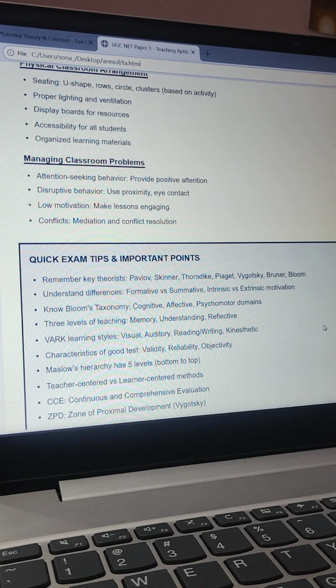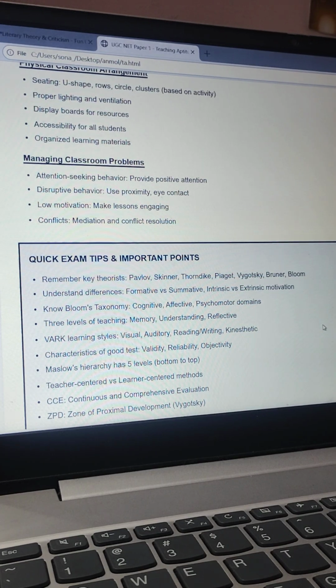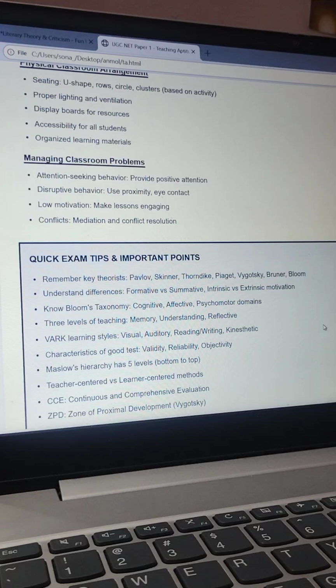We have some quick exam tips and important points, like what we have to learn at any cost. Remember key theorists. You can go through them in depth. I am just summarizing: remember key theorists Pavlov, Skinner, Thorndike, Piaget, Vygotsky, Bruner and Bloom.